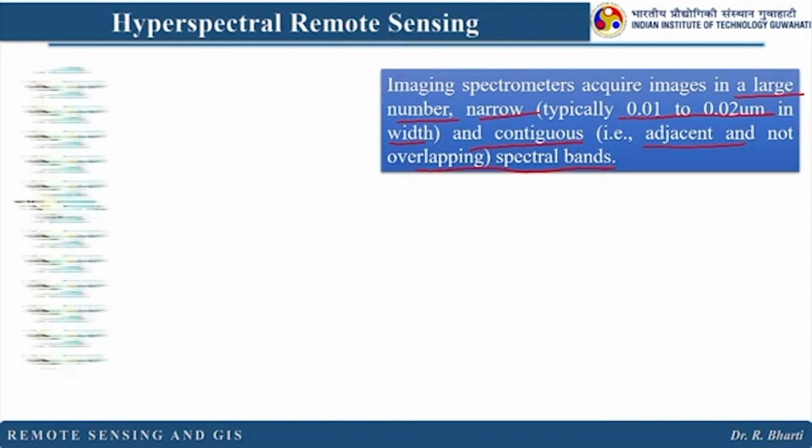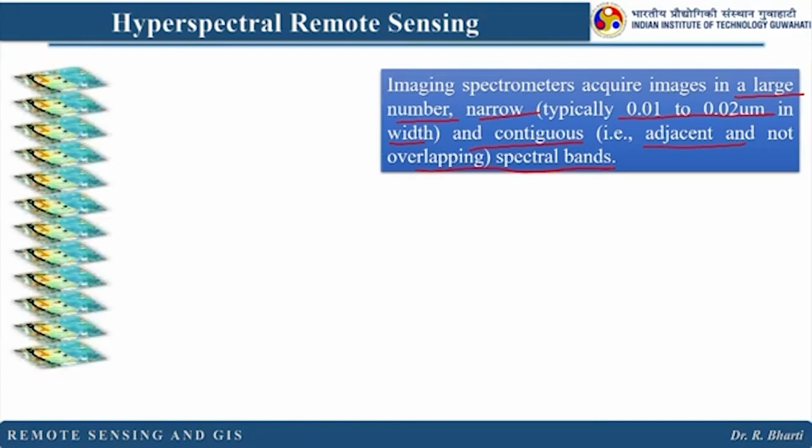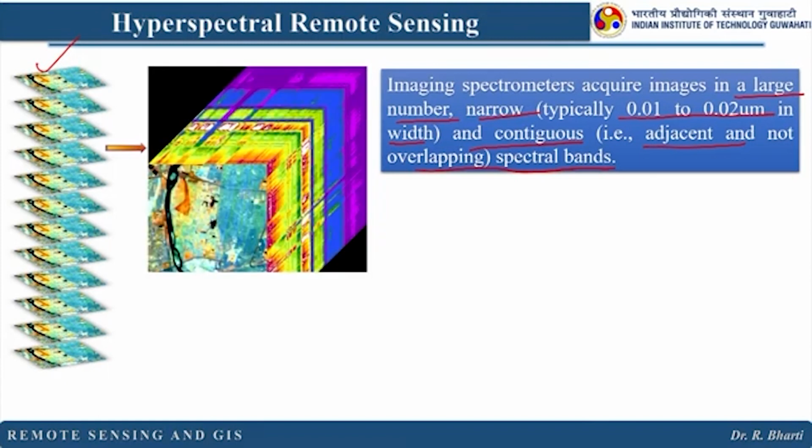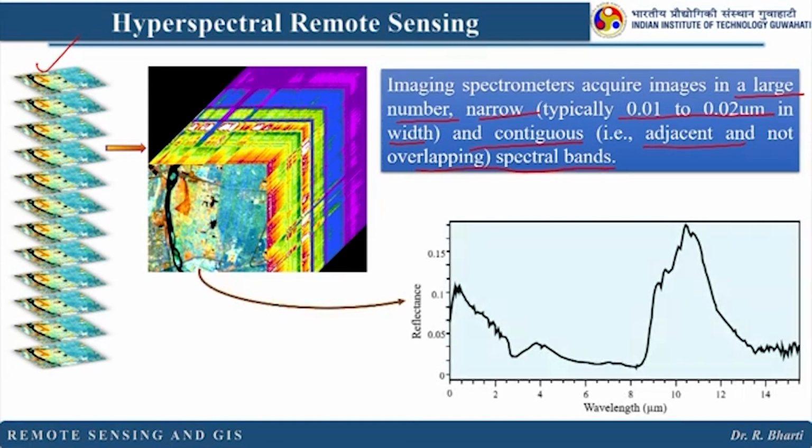So, this is the definition of an imaging spectrometer and what exactly they do. Here you have many bands and they are contiguous in nature, and this we represent in terms of the hyperspectral data cube, right, and subsequently for an individual pixel this is the reflected response, right.